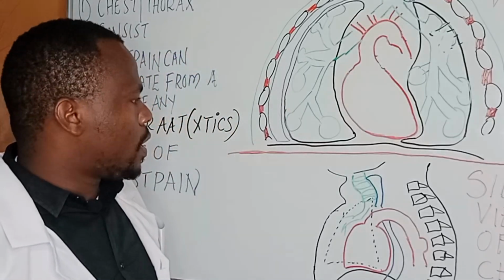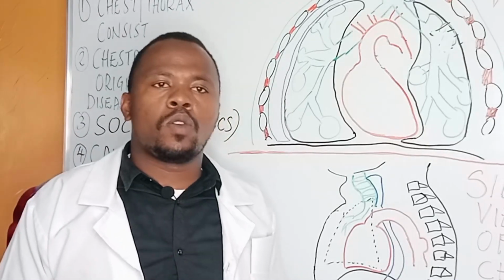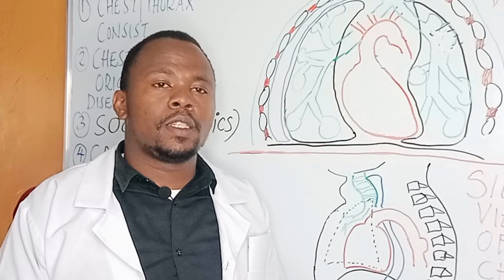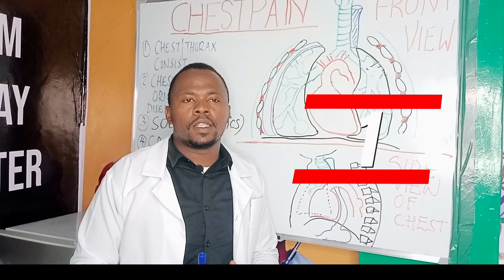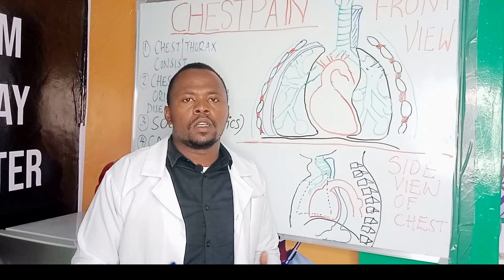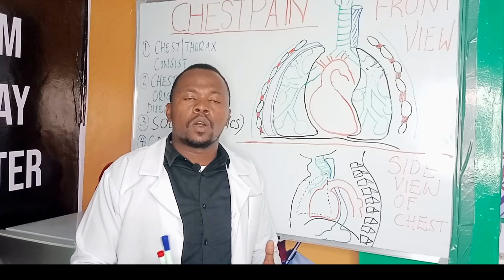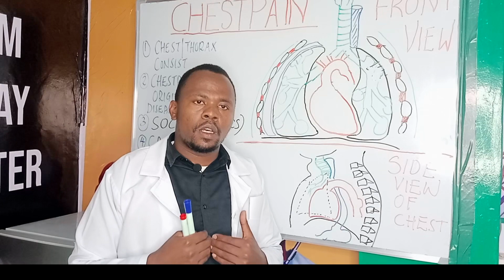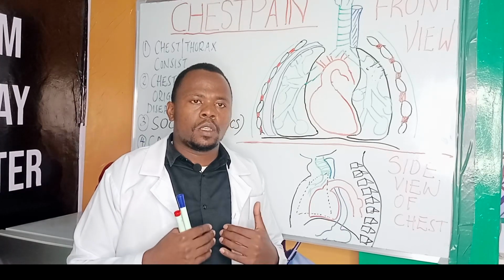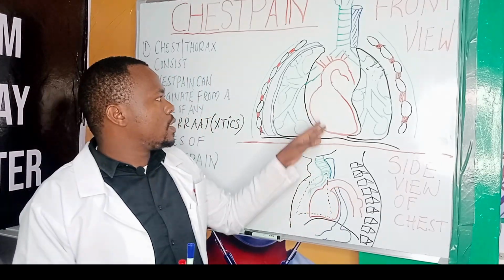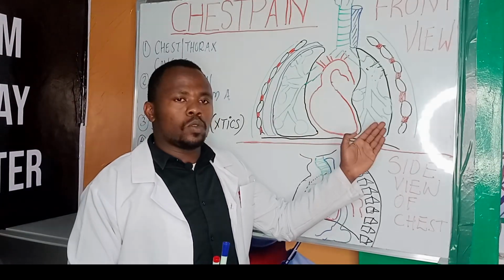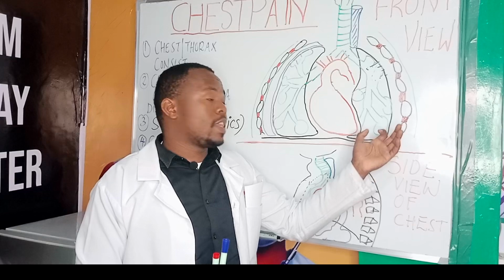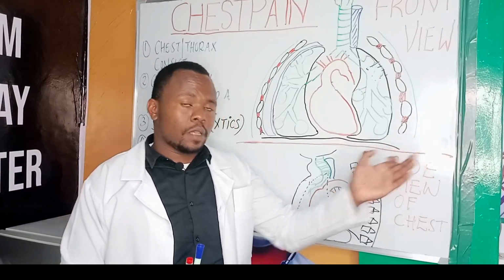So we have how chest pain that is related to the heart appears. Chest pain that is heart related is usually located in the central part. As you can see, the heart is centrally located, but it tends to be more toward the left side of your chest.